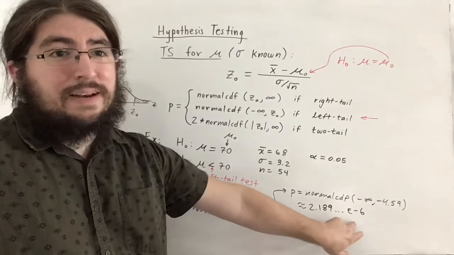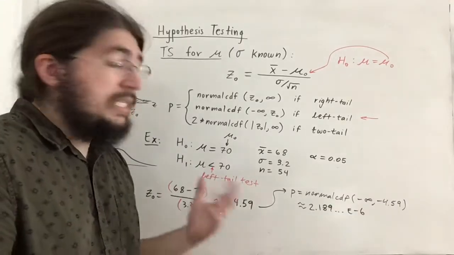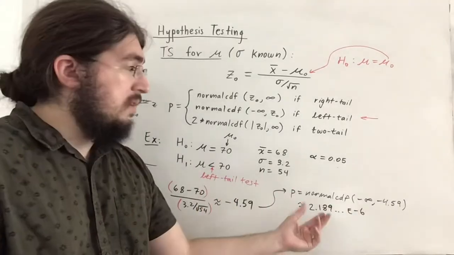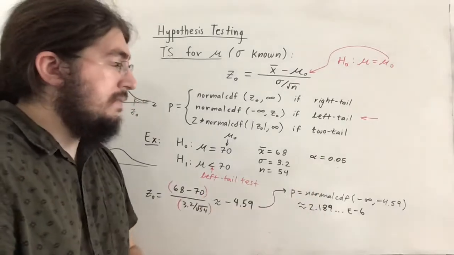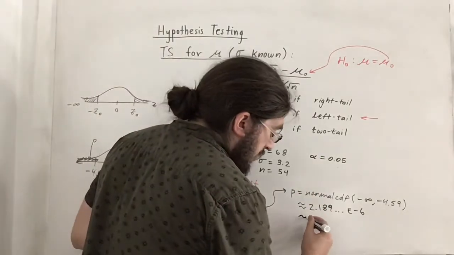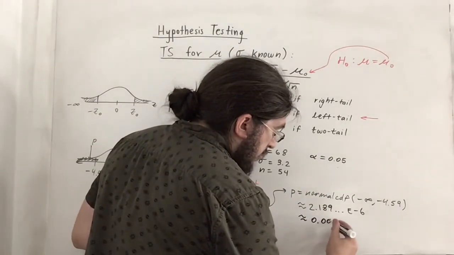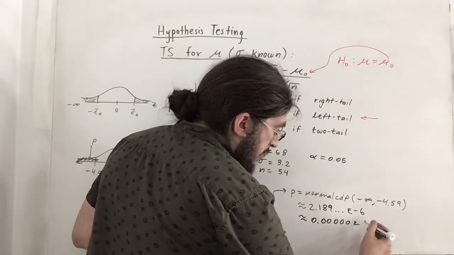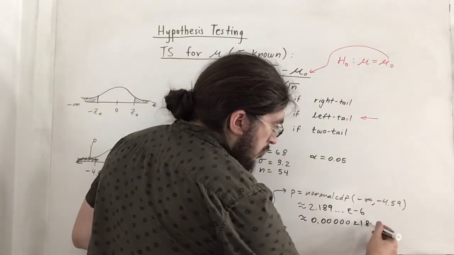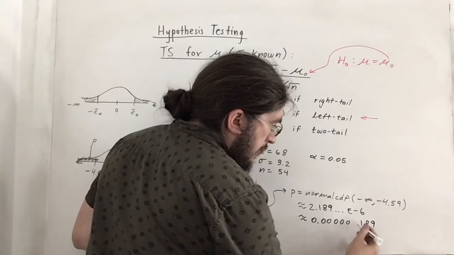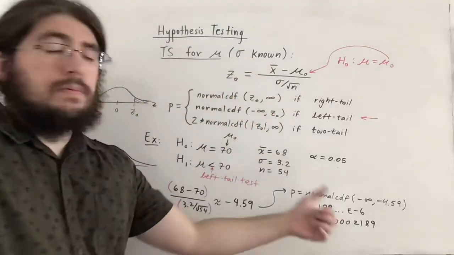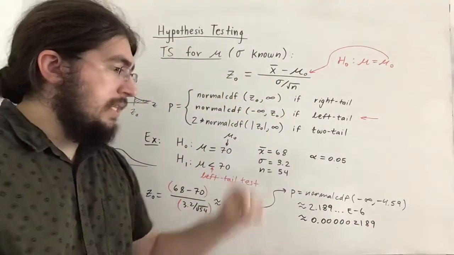But this e negative 6 part saves the day because that means it's really scientific notation, times 10 to the negative 6. So in reality, this actual value is 0.000002189. Because if you grab the decimal and move it to the left 6 places, you get this.